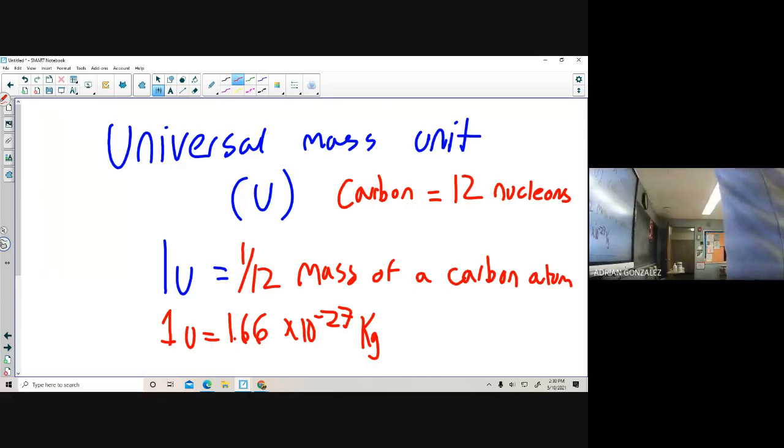So scientists looked at this and went, something's off here. There's this missing mass. Where the heck did it go? And scientists looked, and looked, and looked. They started looking at the actual atoms.